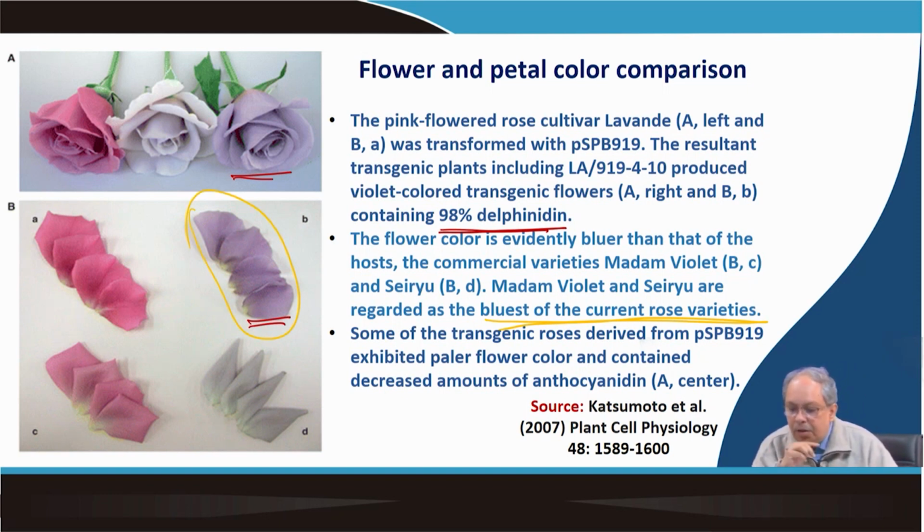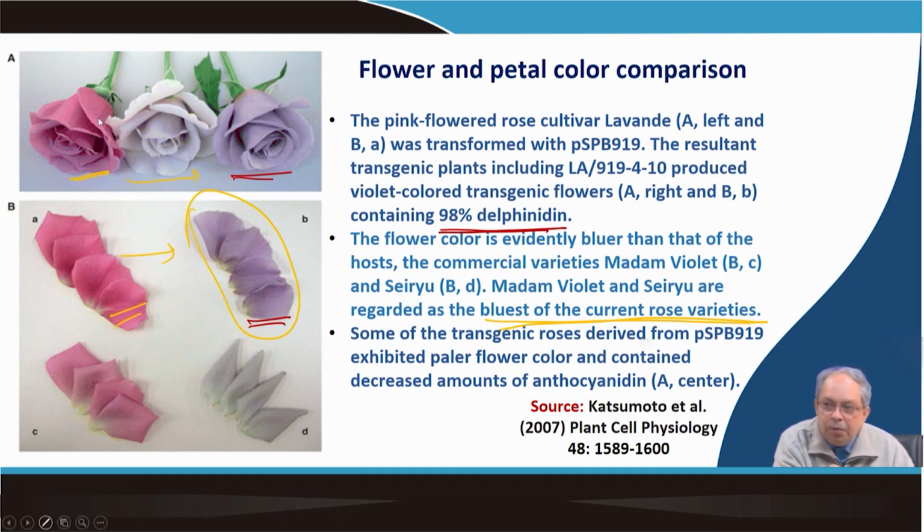Some of the transgenic roses derived from this also exhibited paler color containing decreased amounts of anthocyanin. This was the target, and that now produces this.